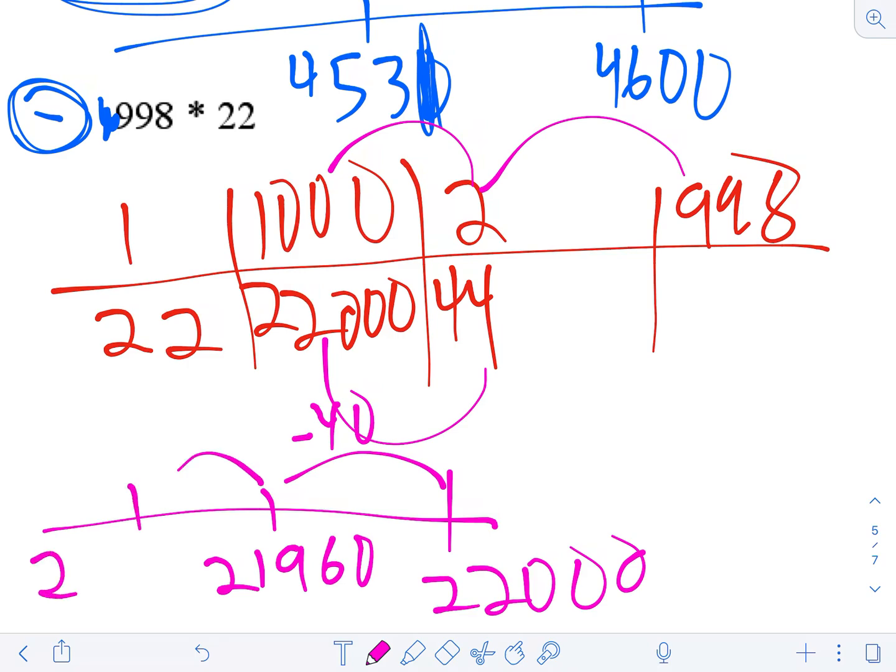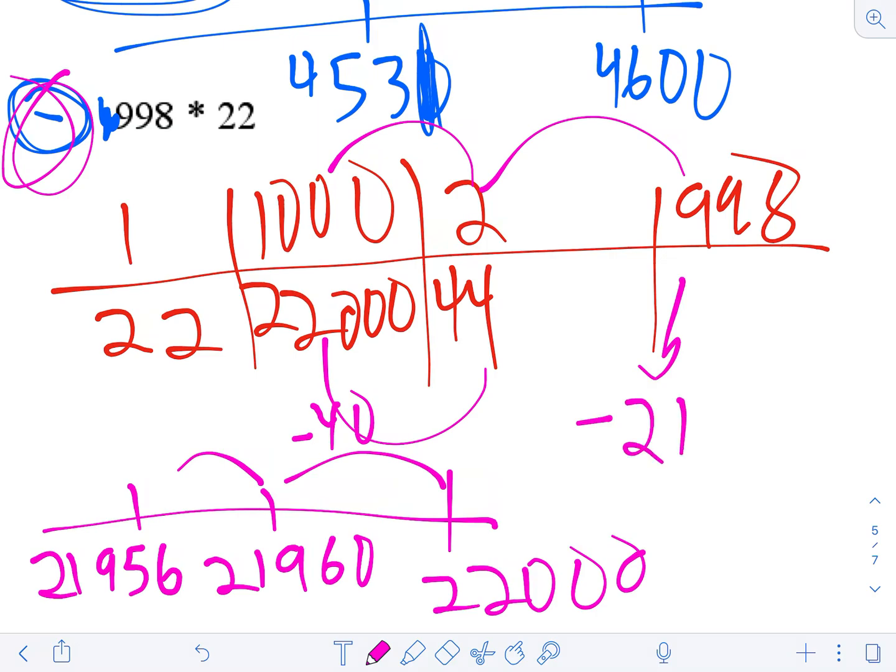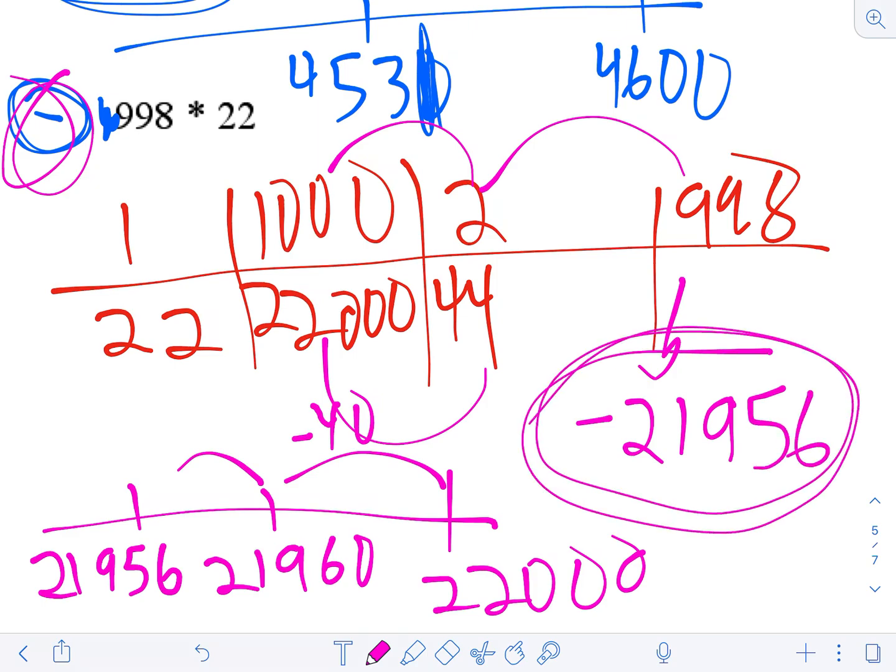So that would be 21,956. There we go. So the answer to what negative 998 times 22 is, negative 21,956. Kind of cool, right?